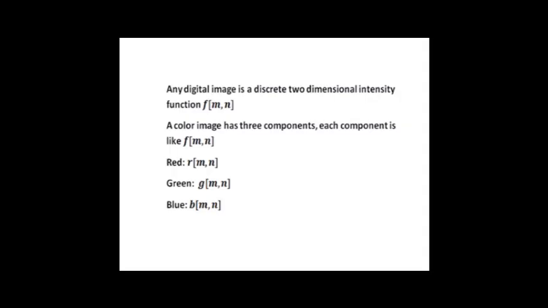And mn will be a particular point or coordinate on the image area, and the RGB values will be some discrete integer values. Now in this clip we would like to address how we can get these intensity values from MATLAB.